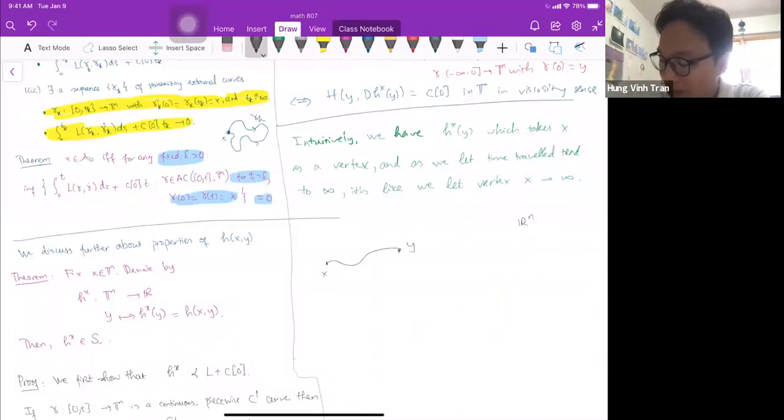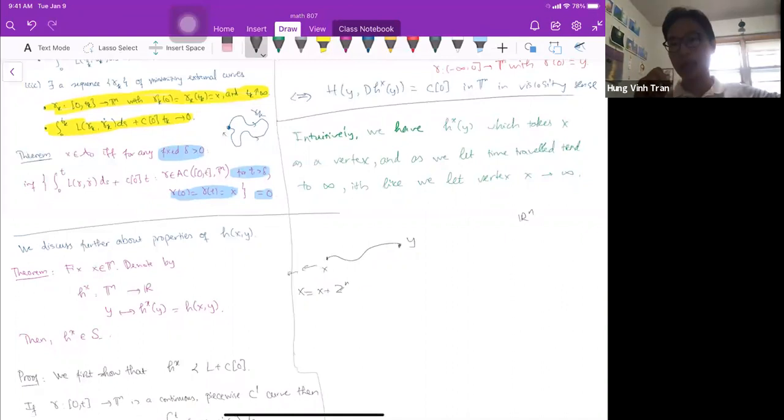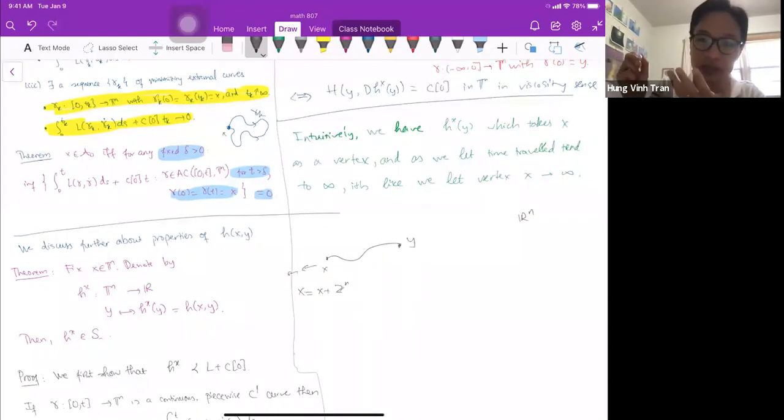When I send x to infinity, I'm using the fact that x is the same as x plus Z^n, in the same equivalence class. So in my mind I'm kicking x further and further away, having the vertex travel to infinity, and I'm observing what happens with y being kept fixed.